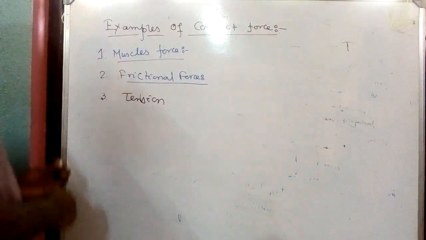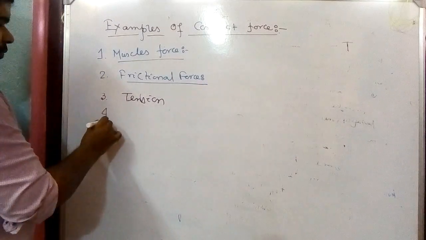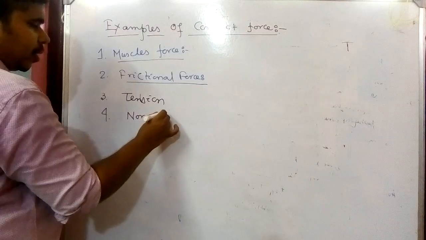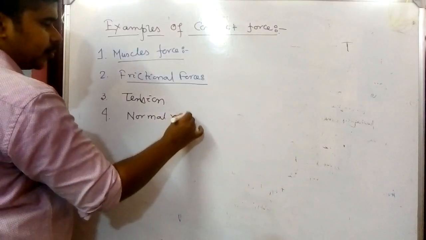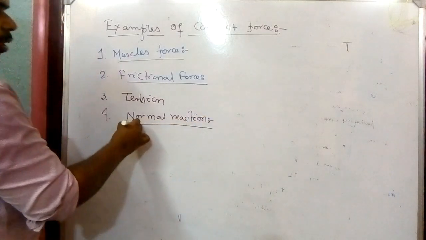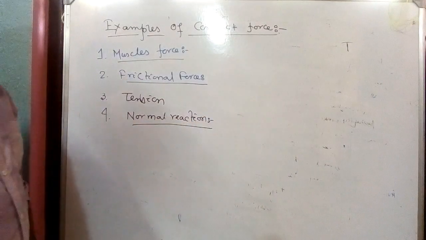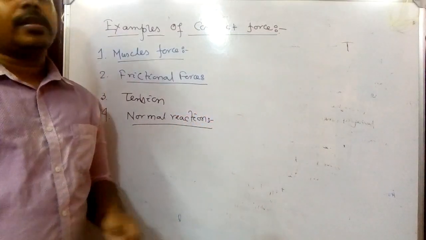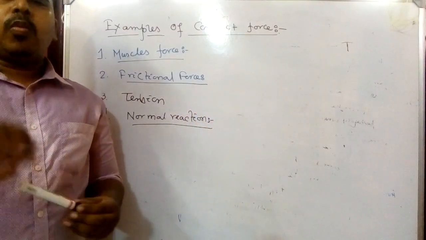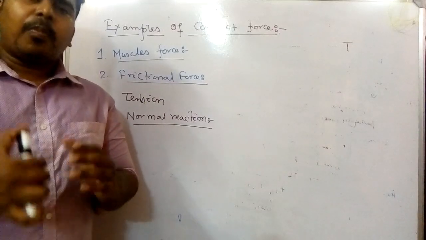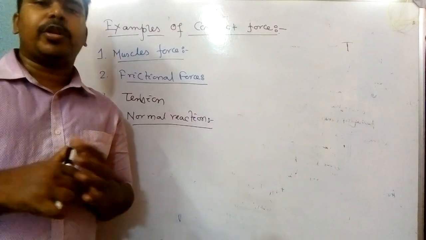But here one more thing we have to learn, that is known as normal reaction, or it is known as reactional force. See, before telling about this, I am telling you one thing: when we apply force on a body, that body will give a reaction to us.